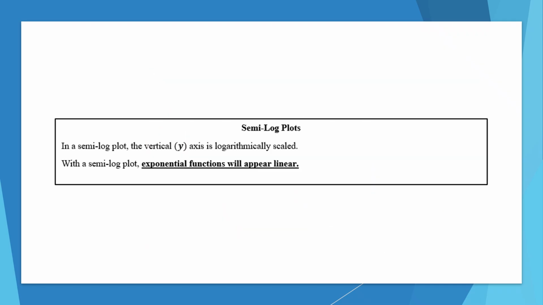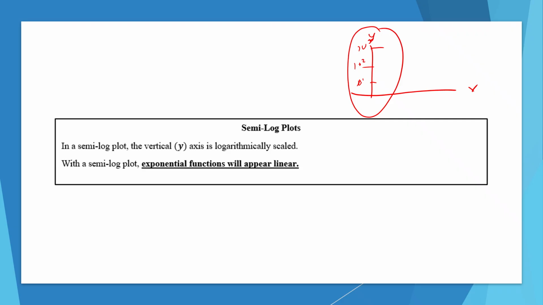All right, semi-log plots. So with the semi-log plot, the vertical or the y-axis, so it's always and only going to be the y-axis, is logarithmically scaled, meaning it might be 10 to the first, 10 to the second, 10 to the third, or it might be a different number, but it's always going to be logarithmically scaled.